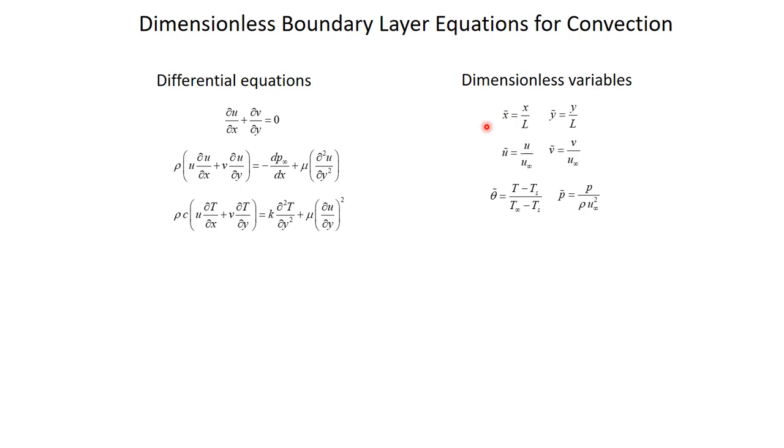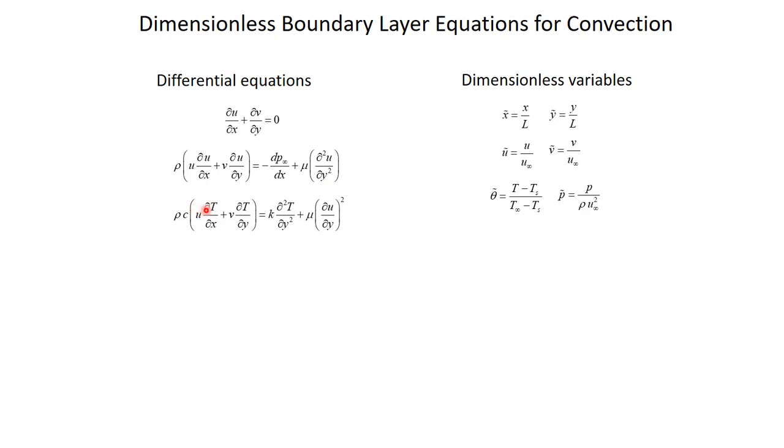So x squiggle is dimensionless x, y squiggle is dimensionless y. We need dimensionless velocities, u and v. So again, the only velocity that we have in the problem that we can use to make those dimensionless is the free stream velocity, u infinity. So our u squiggle will be u over u infinity, and v squiggle will be v over u infinity.